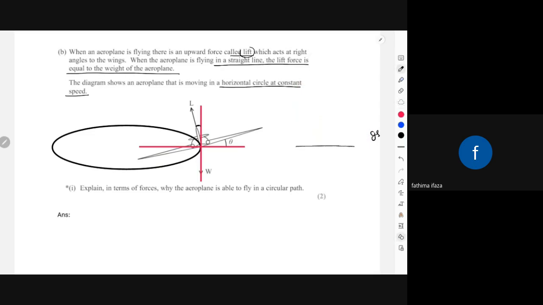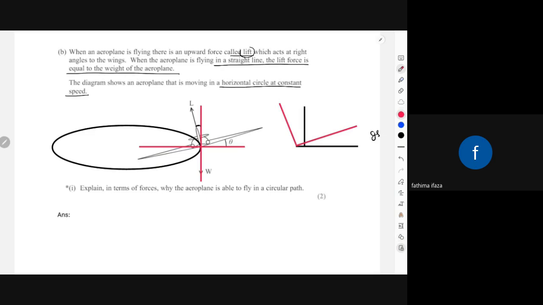This is a representation for wings, and this is a representation for your lift. In the straight line, they were entirely perpendicular to each other. Even on horizontal surfaces, they are always perpendicular. But whenever we shift this a little bit, this is how it will look. It would still be 90 degrees with each other.